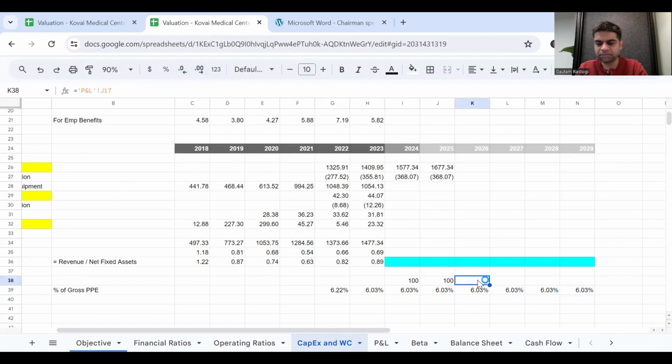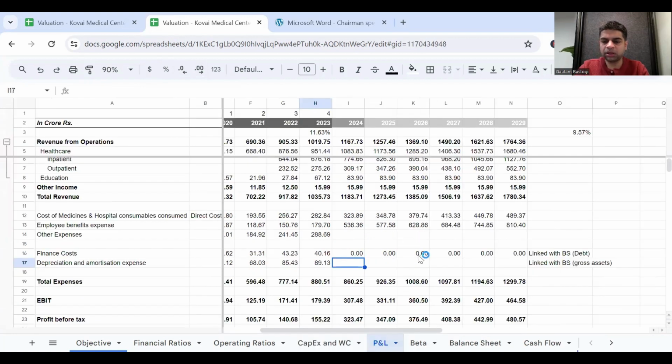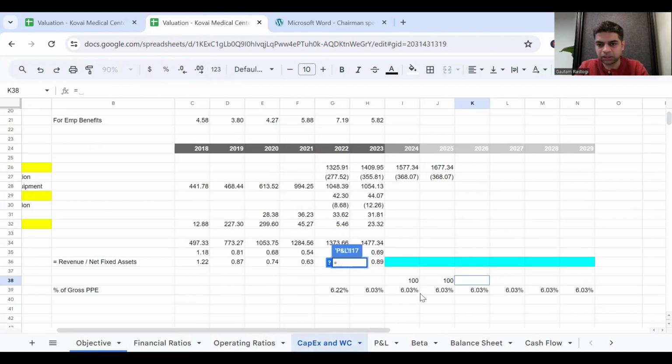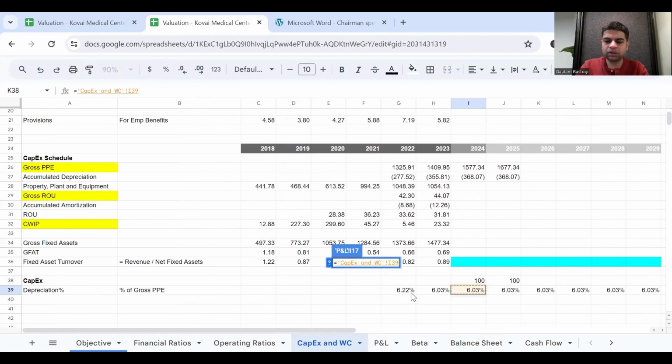So in my P&L, the depreciation amount would be 6.03% of this gross PPE number.